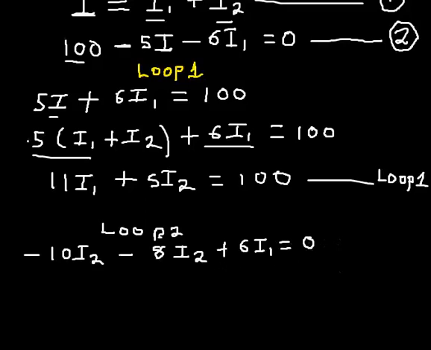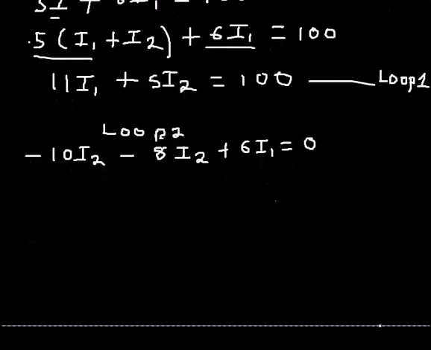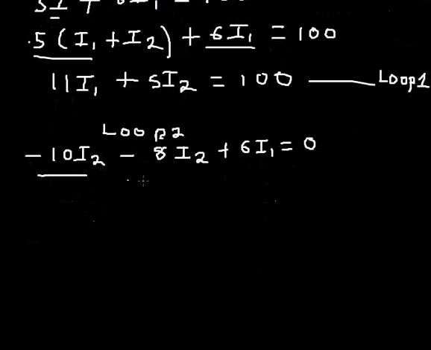So let me simplify that. Minus 10I2 minus 8I2 gives me minus 18I2, then of course plus 6I1 is equal to 0.